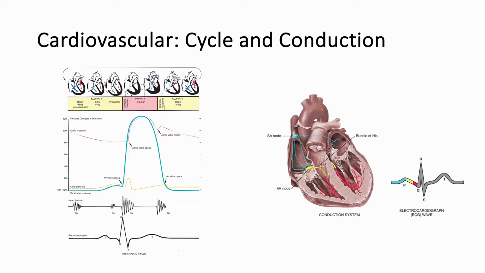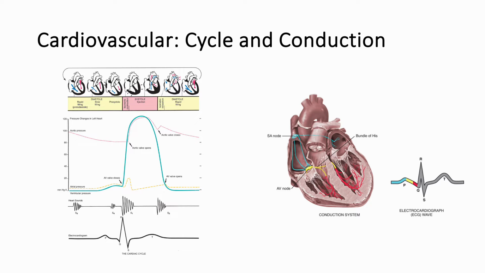The right and left bundle branches then get stimulated as well. And finally, this conductivity moves through the ventricles. Once we get this electrical impulse stimulating the heart, it's going to allow the heart to contract accordingly.